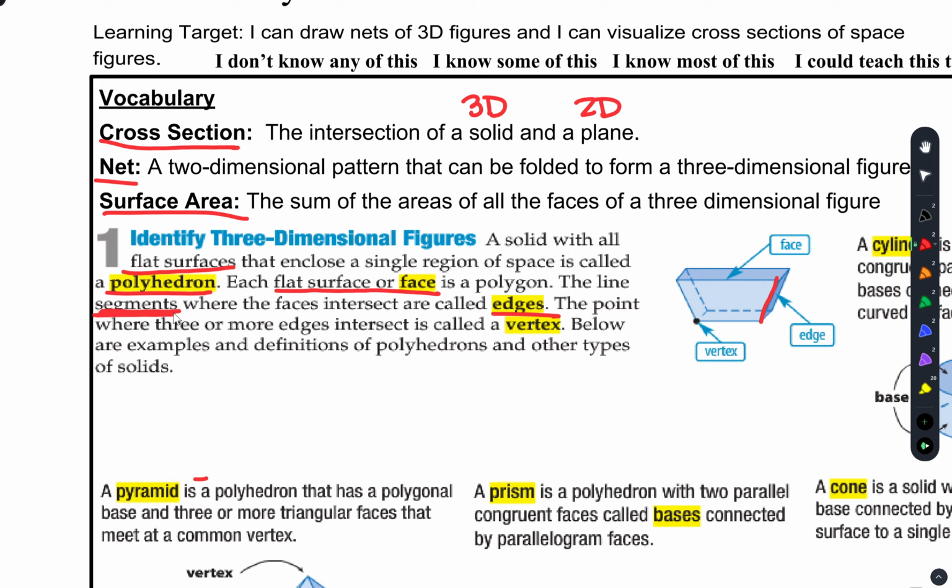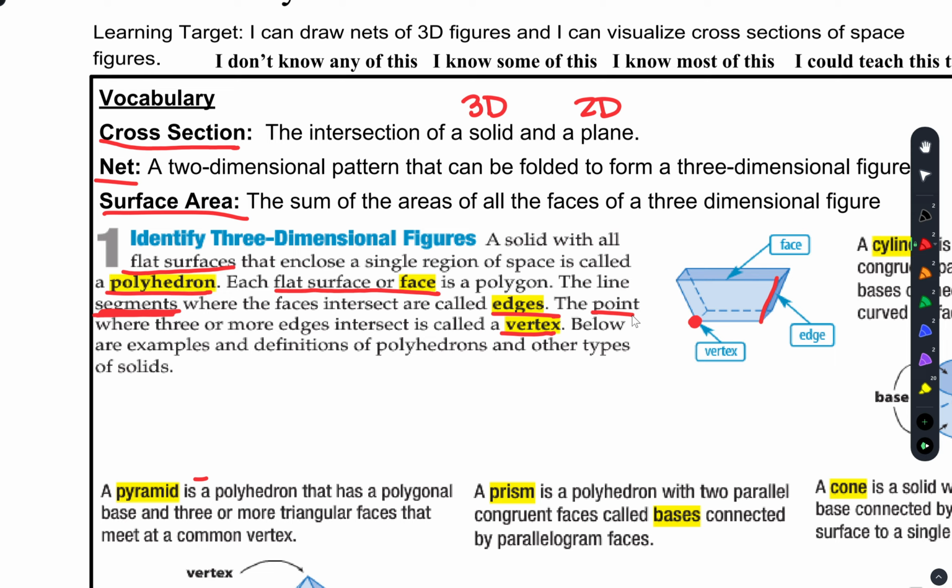And then if I have two edges that meet at the same spot, we call that a vertex. Vertices are points where three or more edges intersect. So we will have to know the differences between faces, edges, and vertices. Those are vocab words we're going to use all of the time.